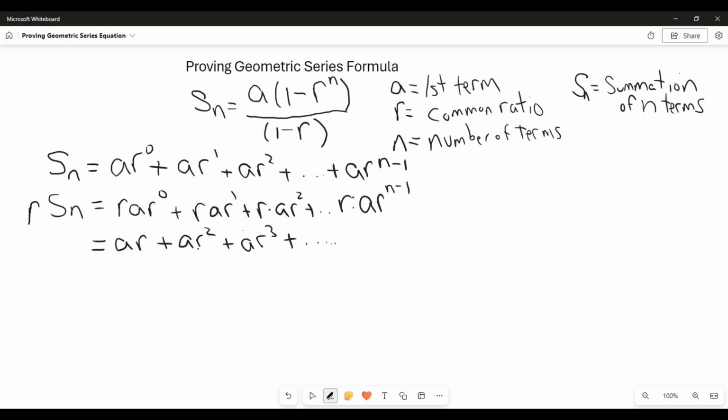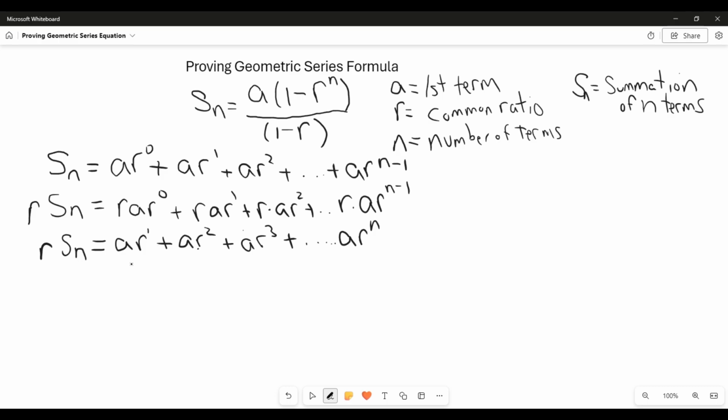So you add, and 1 plus n minus 1 is n. So I have ar to the n. Now, I'll rewrite r S sub n here, and if I look at just S sub n, they repeat after ar to the 0. Ar to the 1, ar to the 2 is the exact same thing here, right?